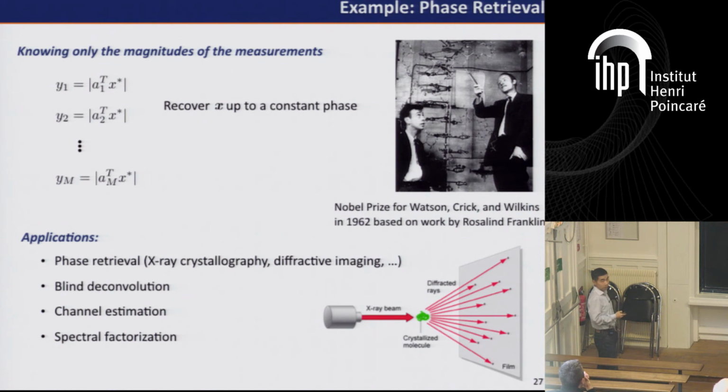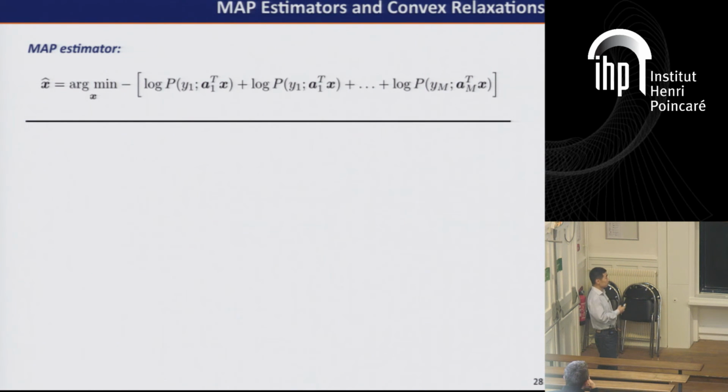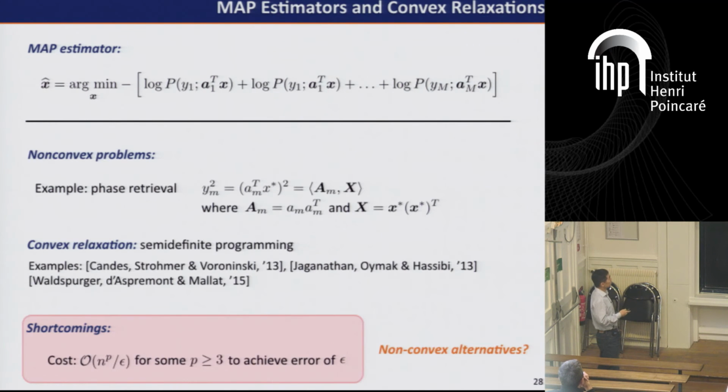Now, this is also a non-convex problem because of having this absolute value or square, and the state-of-the-art solution is to consider convex relaxation. Okay, so you want to linearize your quadratic measurement by lifting. Again, it's a lifting idea. So instead of reconstructing x, you want to reconstruct a rank-one matrix, which is x times its transpose. In that setting, the quadratic measurement becomes a linear measurement in terms of these matrices.